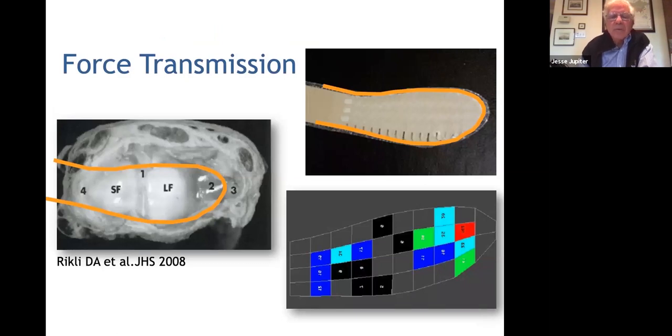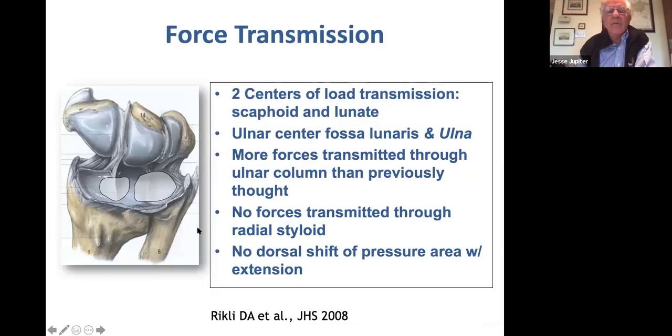And he got measurements all throughout in extension, flexion, deviations, and whatever. And he showed without question that more forces were borne on the intermediate column than on the radial side or the ulnar side.